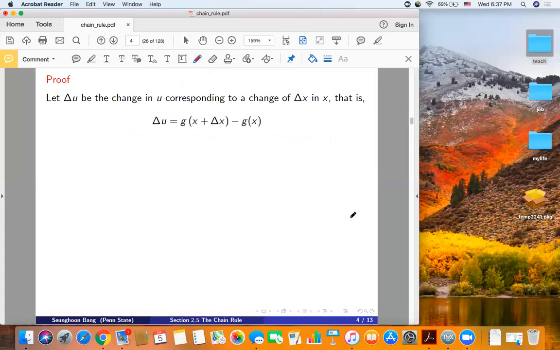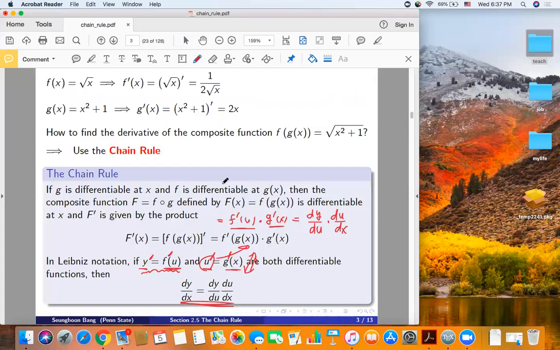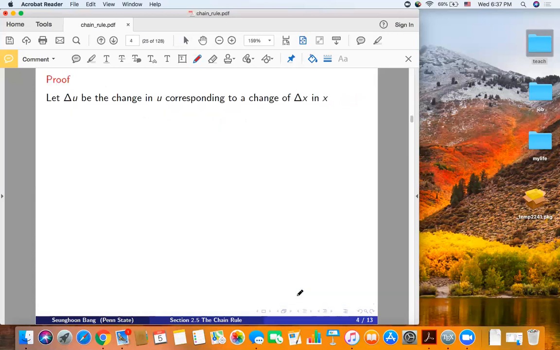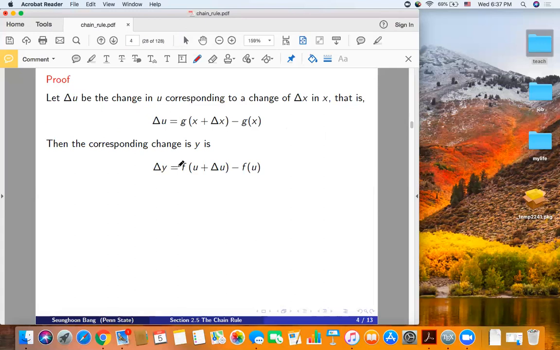The corresponding change in y is delta y equals f of u plus delta u minus f of u. Why is this true? From the previous one, we can use this notation: y equals f of u, u equals g of x. So we can just check dy over dx equals dy over du times du over dx. I'm going to check these things here.